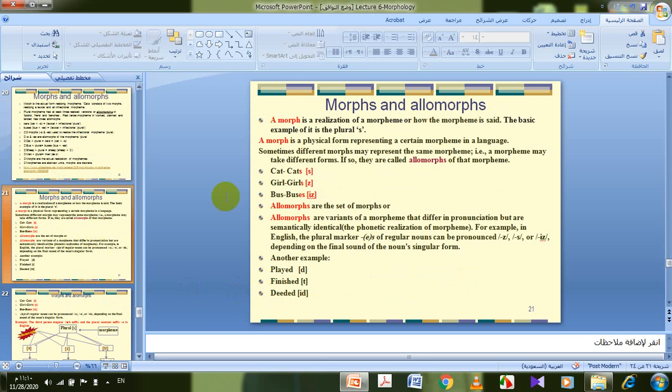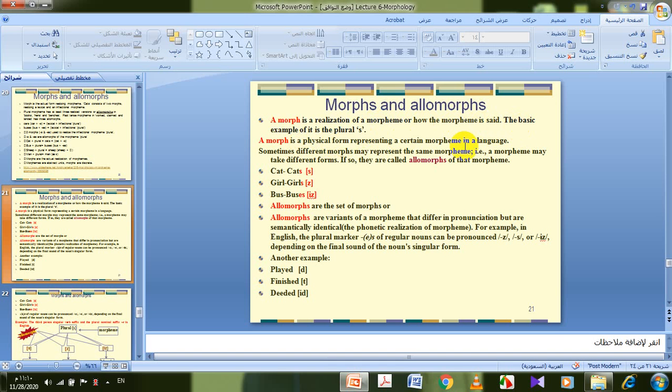Okay, so again, a morph is a realization of a morpheme, or how the morpheme is said. Realization means the actual utterance. The basic example of it is the plural s.